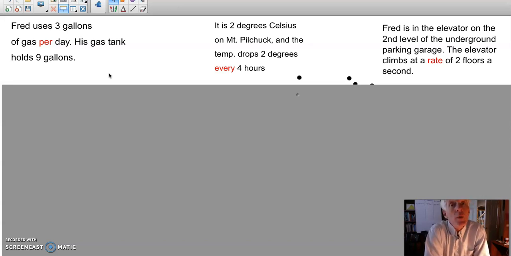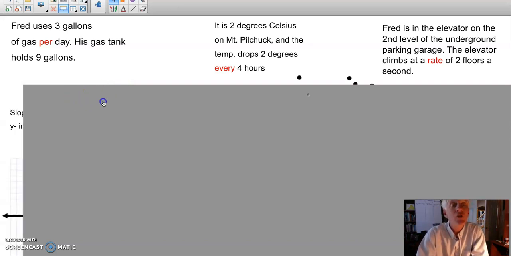The word per is always a huge clue as to the rate. If you are using 3 gallons of gas per day, that's a constant rate of change. So the slope is negative 3, and the gas tank holds 9 gallons. So you can visualize a gas tank holding 9 gallons, and it's using 3 gallons every day.